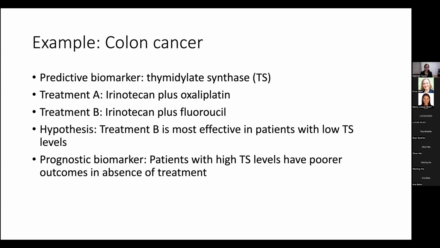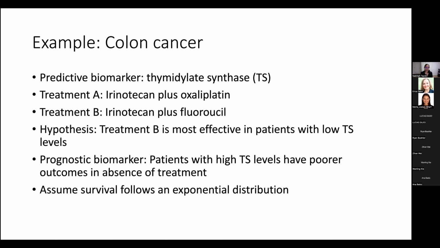The complication, though, is that TS is a prognostic biomarker as well. Patients with high TS levels have poorer outcomes even in the absence of treatment. In the simulation study, we assume survival follows an exponential distribution. And here they're assuming a very high prevalence, where 50% of the patients have high TS levels.